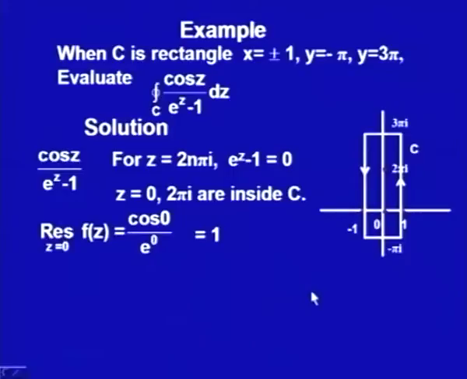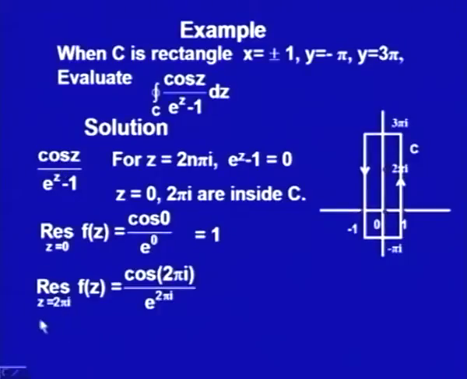Now, we want the residue at 2 pi i. Again I would use the same formula for calculation of residue, p(z naught) upon q dash(z naught). So, the residue at z is equal to 2 pi i would be cos of 2 pi i divided by e to the power 2 pi i. Certainly e to the power 2 pi i is cos 2 pi plus i sin 2 pi, that is 1. And cos of 2 pi i, if you remember, cos theta we could write as e to the power i theta plus e to the power minus i theta by 2.